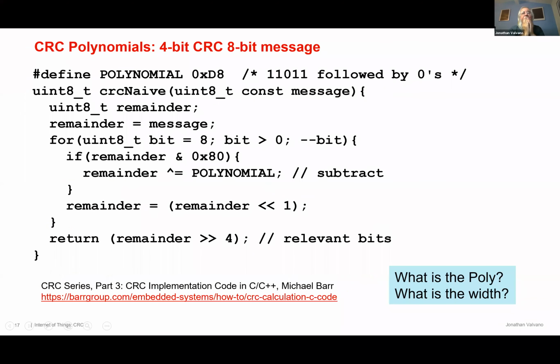All right, so this is a very inefficient and very useless, but illustrative, example of what we just said. Okay, let's couch this. This is a W equals 4 cyclic redundancy code on an 8-bit message.